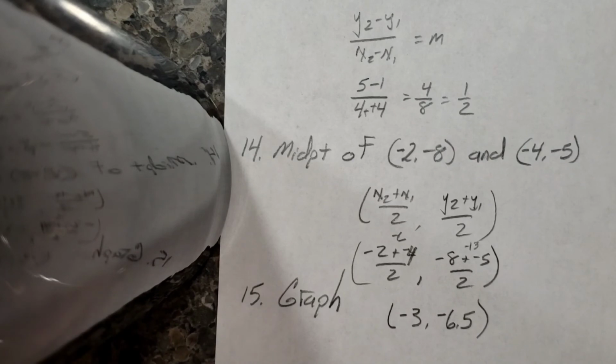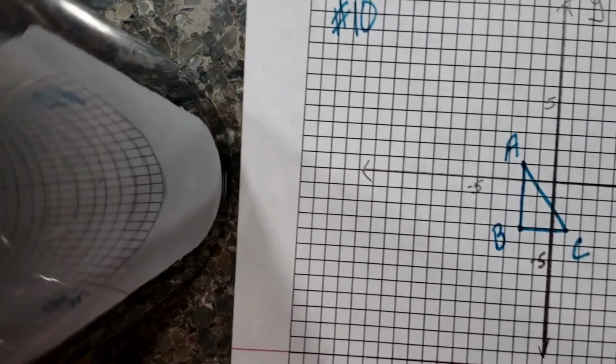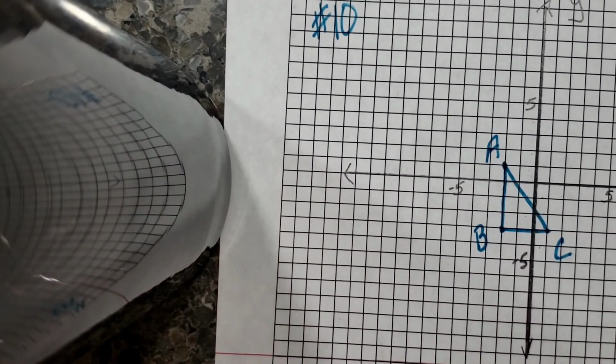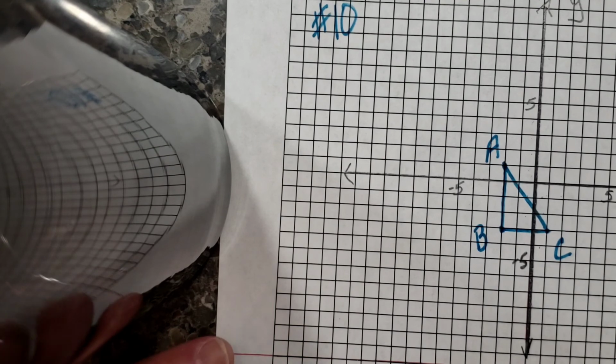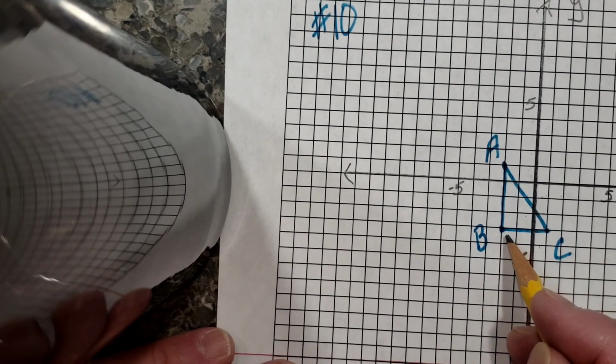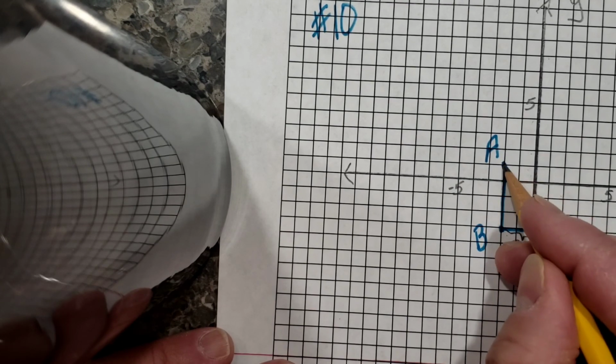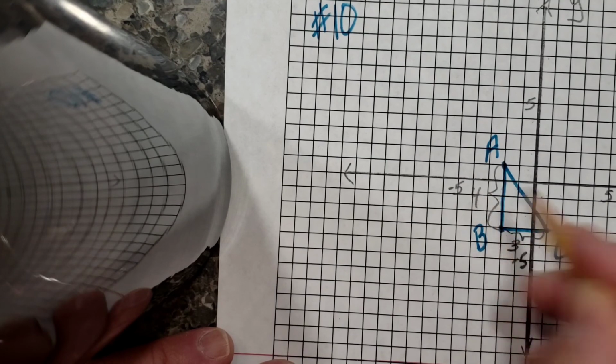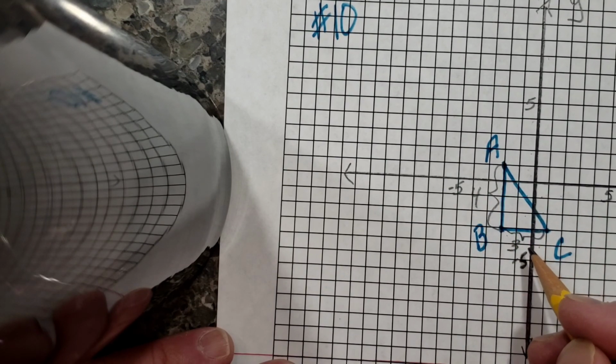Now 15 and 10, I'm going to bring in the graph that I did. I went through and I graphed the triangle. Number 10 asks for the perimeter. Now if you look, you can count one side, 1, 2, 3. That's 3. 1, 2, 3, 4. So you've got 2 of the sides. If you look at it, you see it's a right triangle.